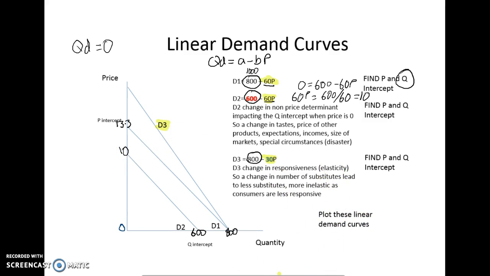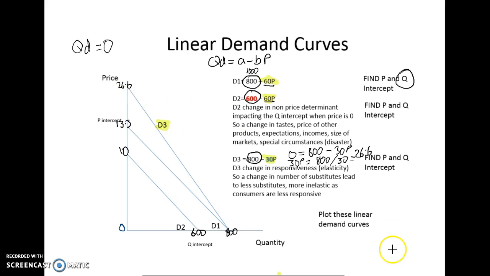Then let's do the same for the last one. So 800 and 30: set quantity demanded to 0, 800 minus 30p, add 30p to both sides, leaves us 800, divide by 30 to leave p, and that will give us 26.6, and that is the p-intercept there.